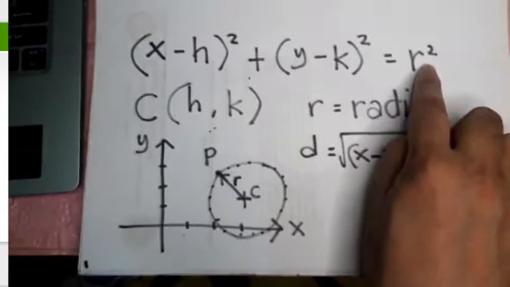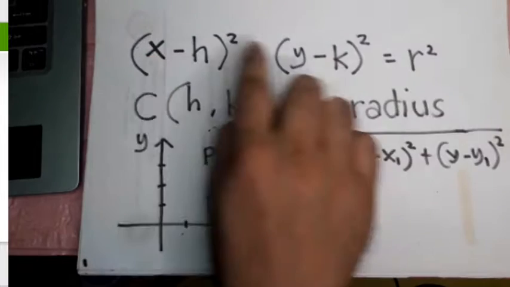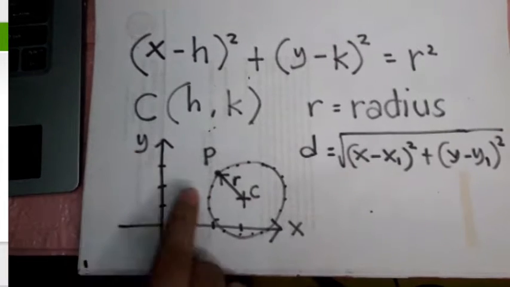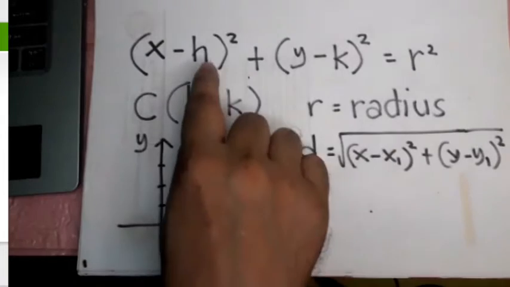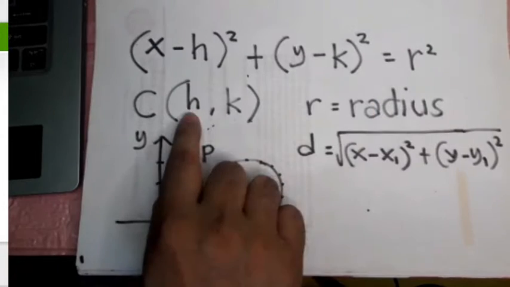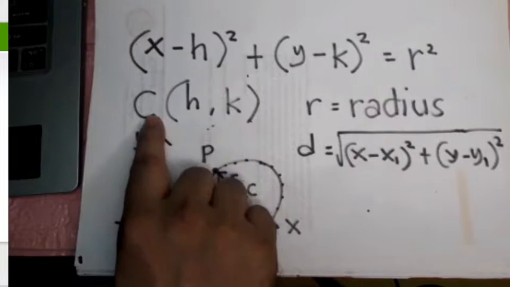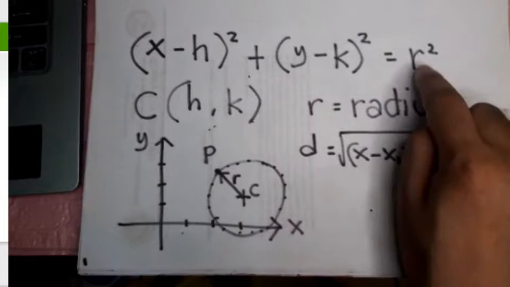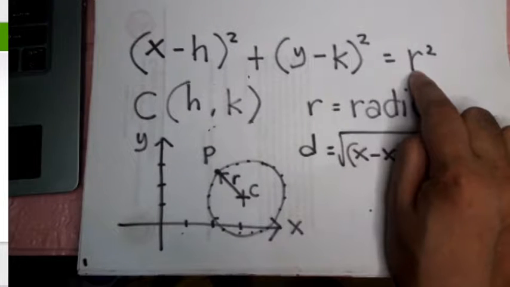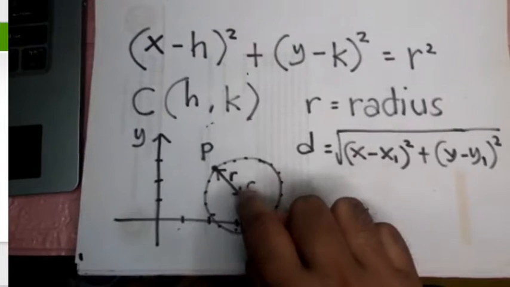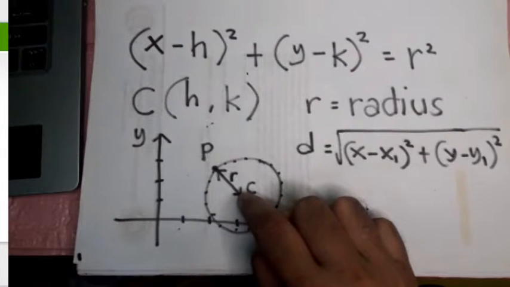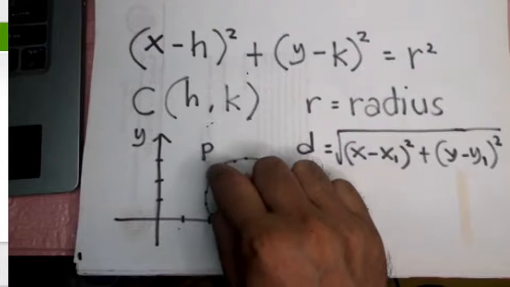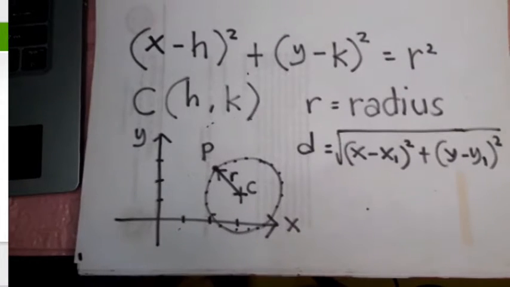We have x and y, which we already know are the coordinates, and we have h and k, which we know are the coordinates of the center, and r is equal to the radius. Since we are talking about radius, which is the distance from the center to point P, we need to recall the distance formula, which looks like this. So all in all, we have to be prepared about these things.